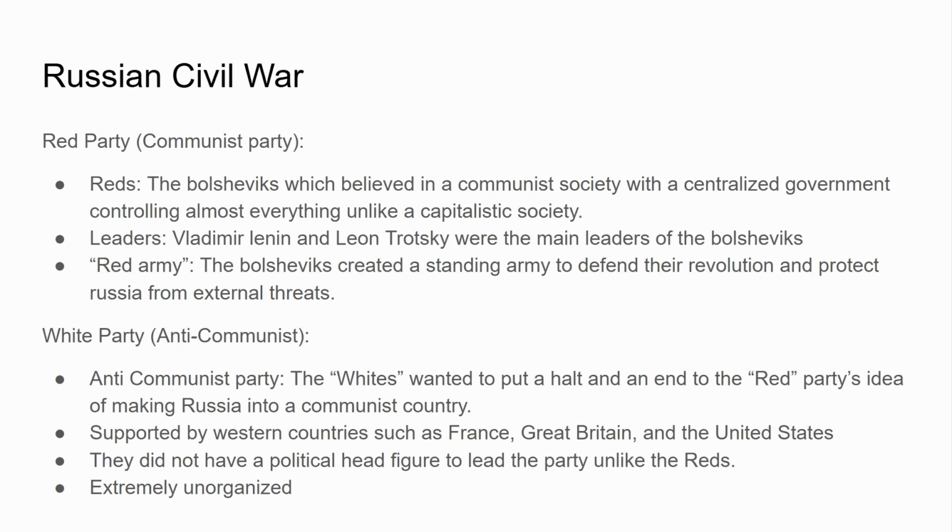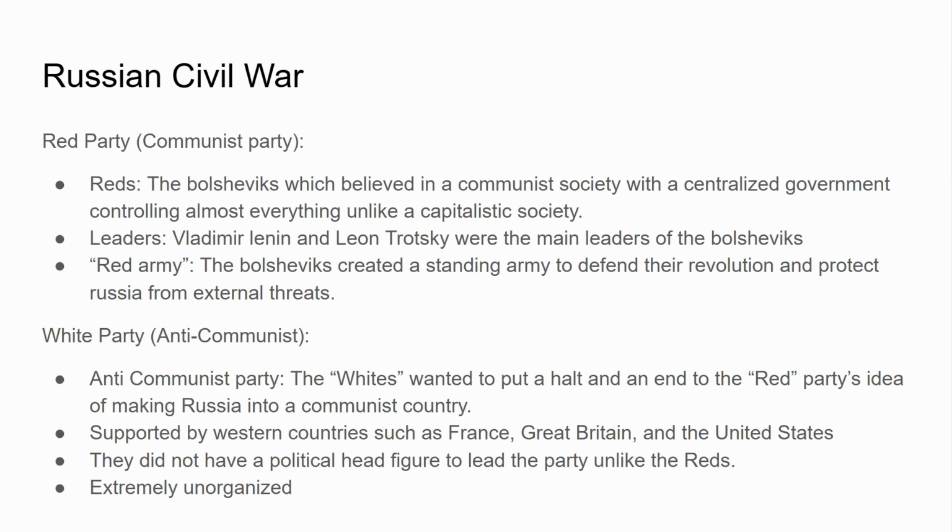So when the communists came to power, another party, the White Party, the anti-communists, also came into power. The Reds, or the Communist Party, were supported by the people because they gave them freedom and more land, and they promised better things than the anti-communists.